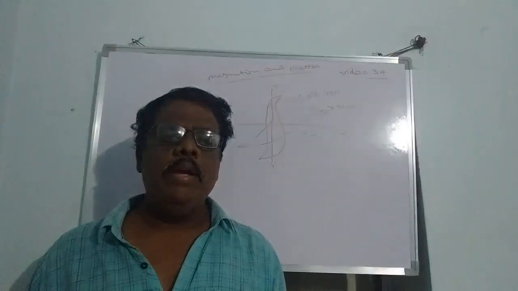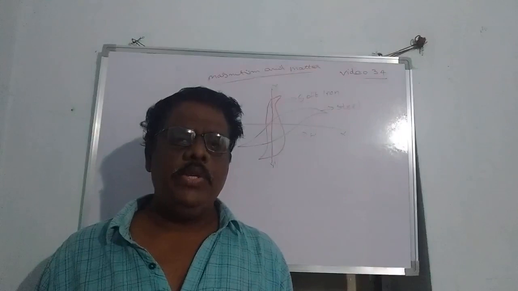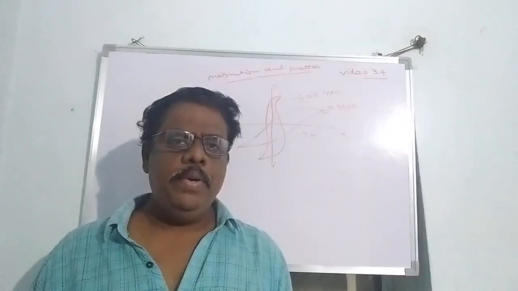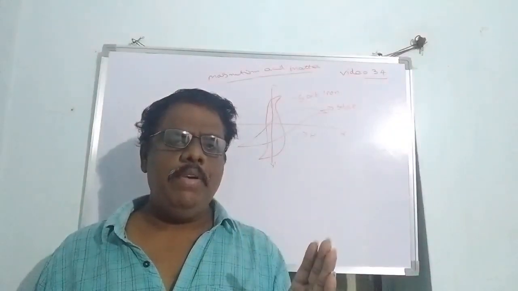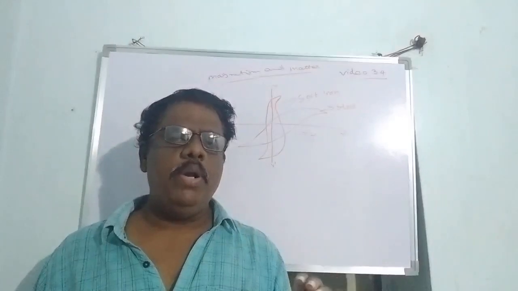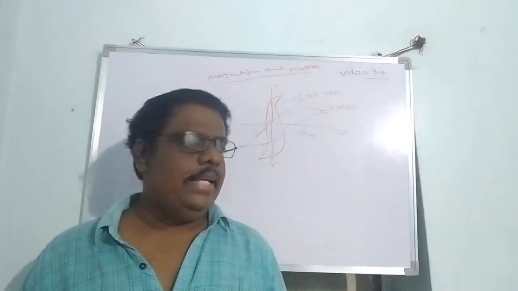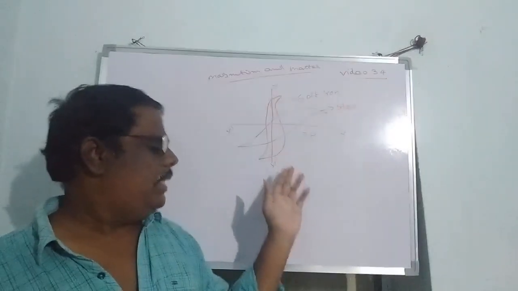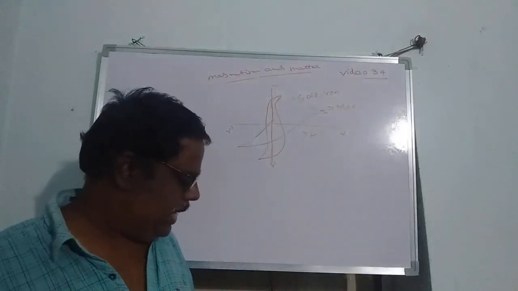So for making permanent magnets, steel is used. Soft iron will be demagnetized more rapidly than steel. This hysteresis curve has uses also.